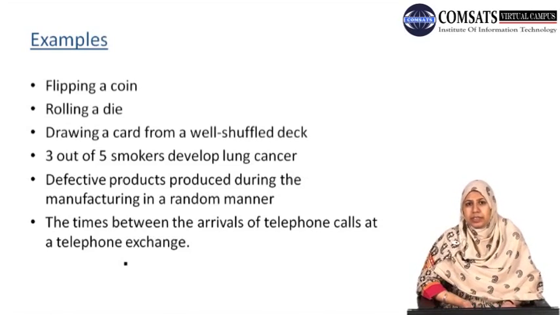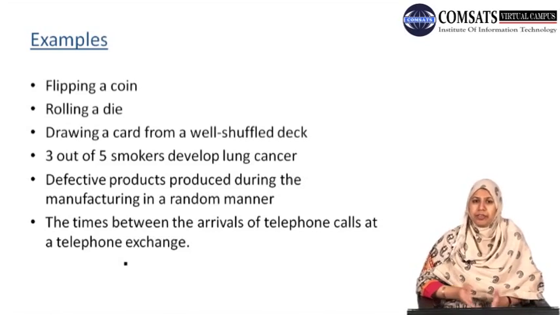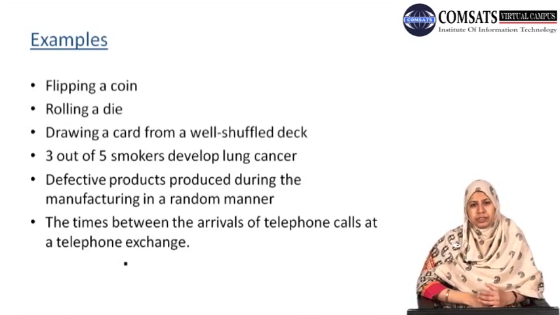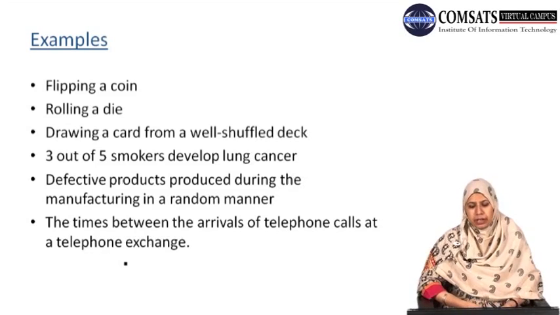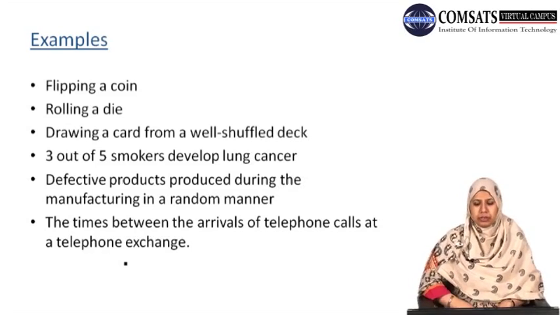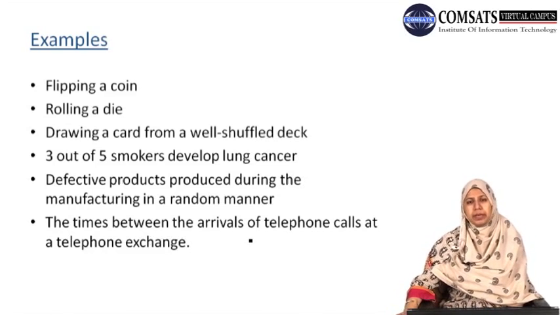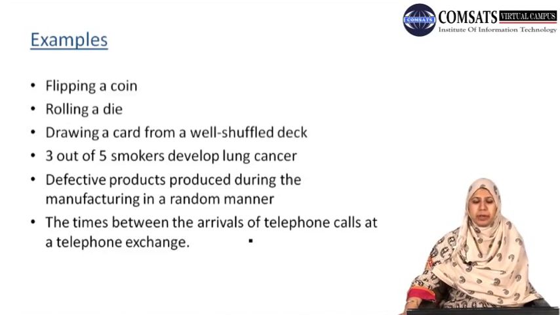The difference can be 1 second, 1 minute, after 30 minutes, after 1 hour. This is a situation of uncertainty, but we know the set of all the possible outcomes, and we cannot say what will occur from this set of possible outcomes. So this type of process or experiment is known as a random experiment.